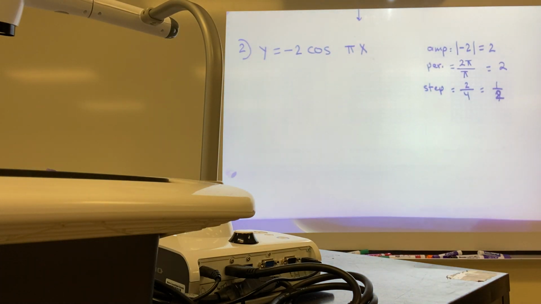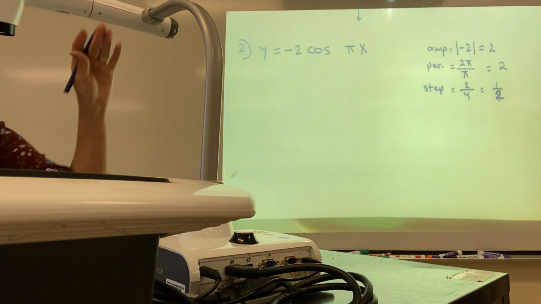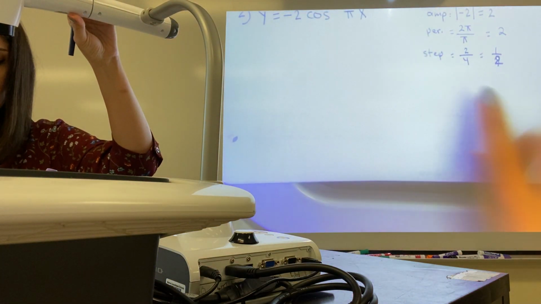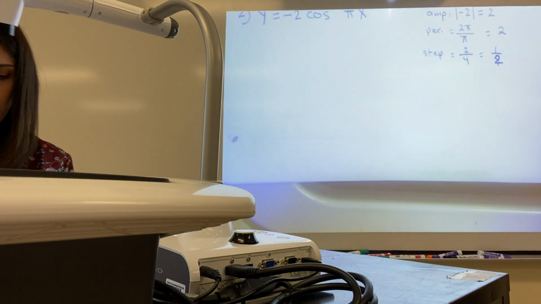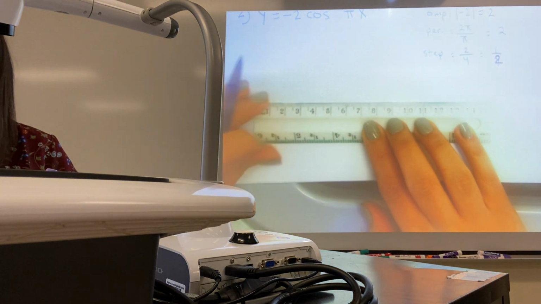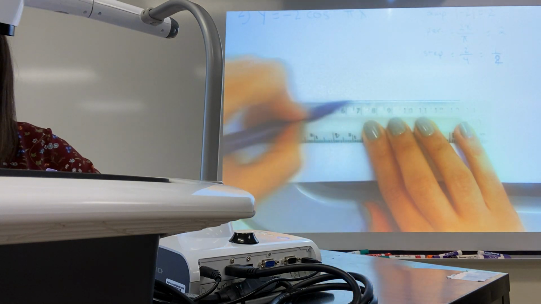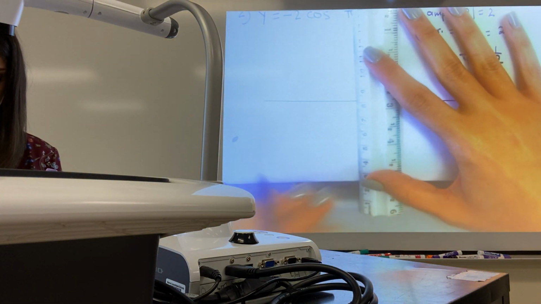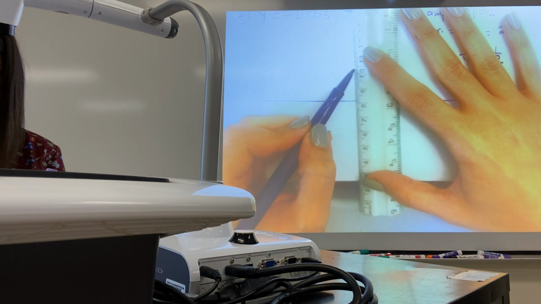Okay. And when I graph and label my x values, I'll start with 1/2. Right? So here are the x and y axes, and since the amplitude is 2, I know my graph will be between 2 and -2.